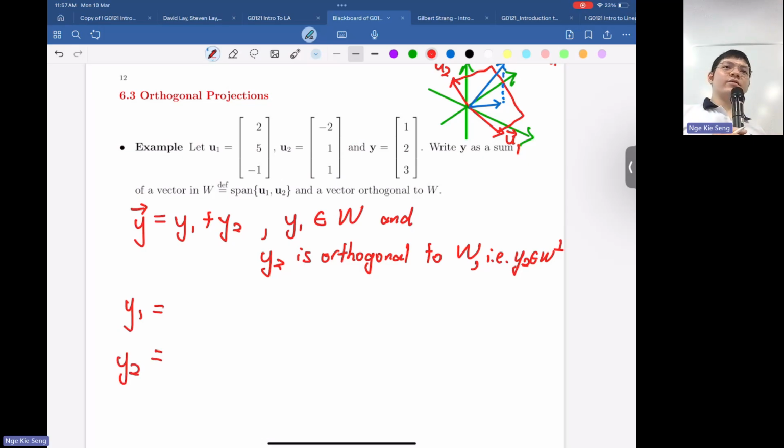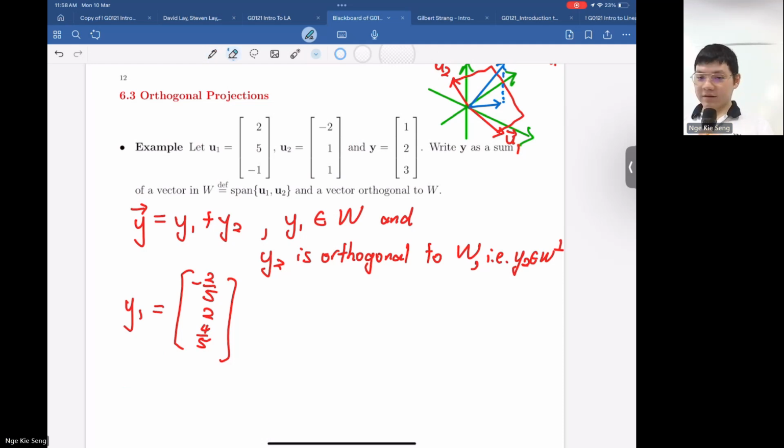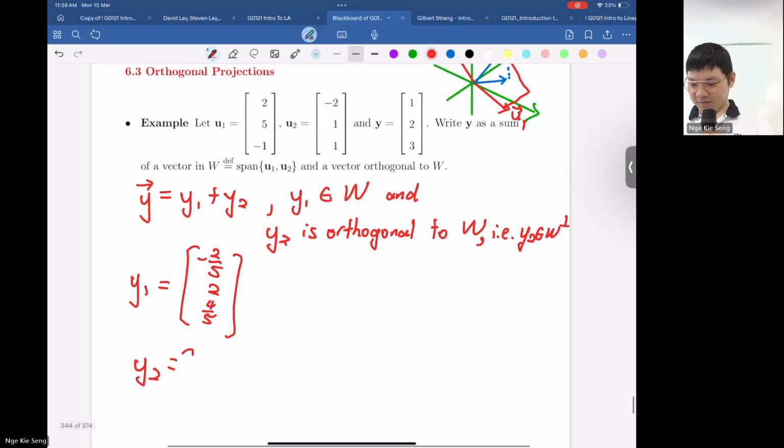Anyone finish? (-2/5, 2, 4/5), like this, y1. Okay, y2 is (4/5, 0, 9/5).